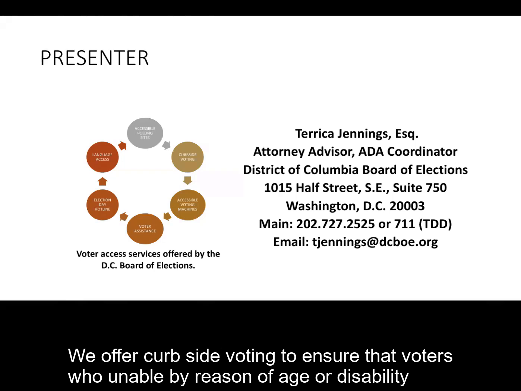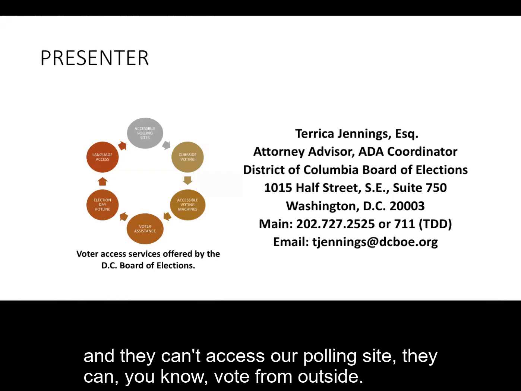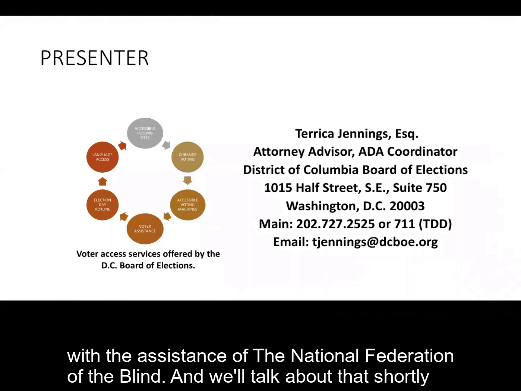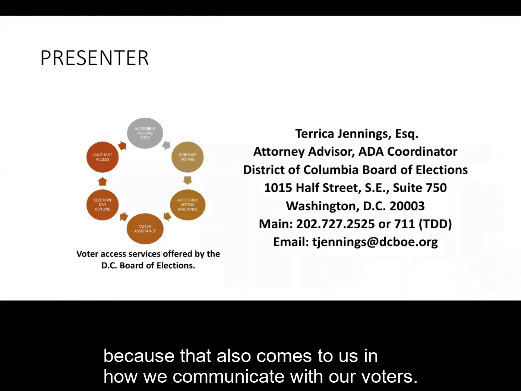We offer curbside voting to ensure that voters who are unable by reason of age or disability to access our polling site can vote from outside. We have a very accessible voting machine that we chose with the assistance of the National Federation of the Blind. And we'll talk about that shortly because that also helps us in how we communicate with our voters.